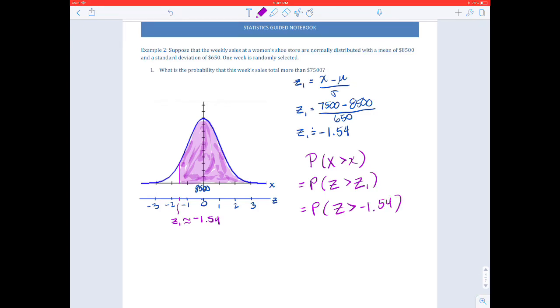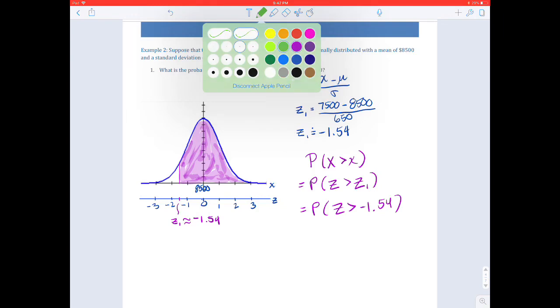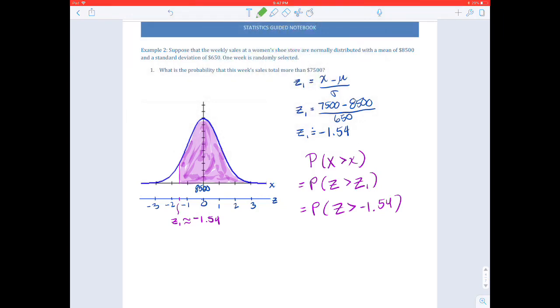Cool so far? But remember there's symmetry here. So you can either do it finding the complement, or we could take a look at this little teeny area here, the opposite of Z1, which would be positive 1.54.